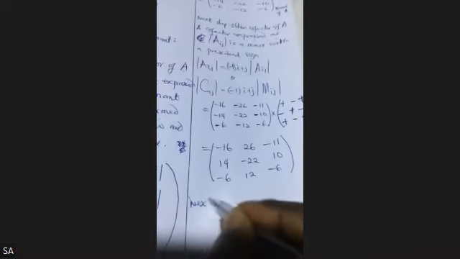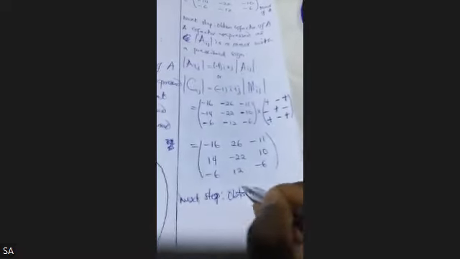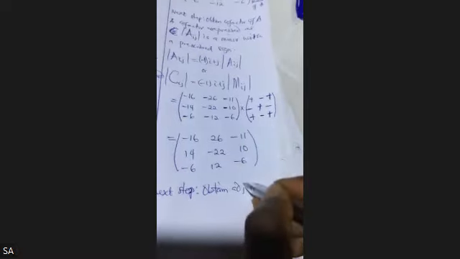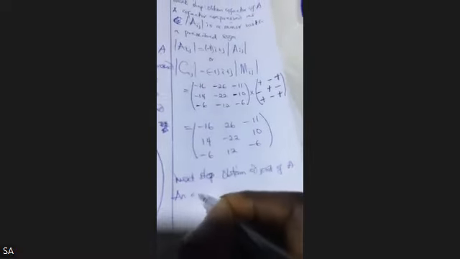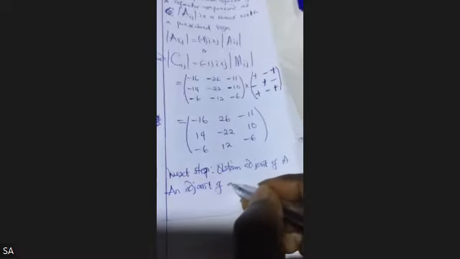Now, class, what is adjoint? Next step: obtain the adjoint of A. What is an adjoint, class? An adjoint of a matrix is the transpose of the cofactor of a matrix.